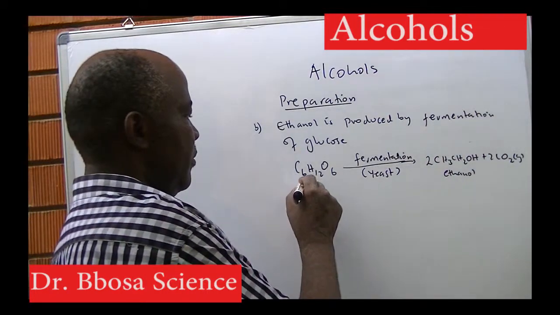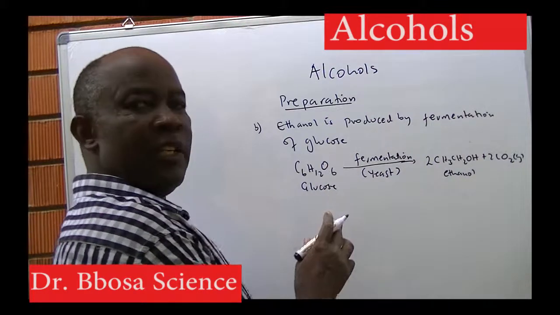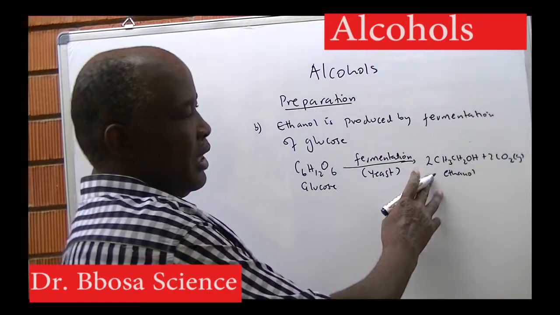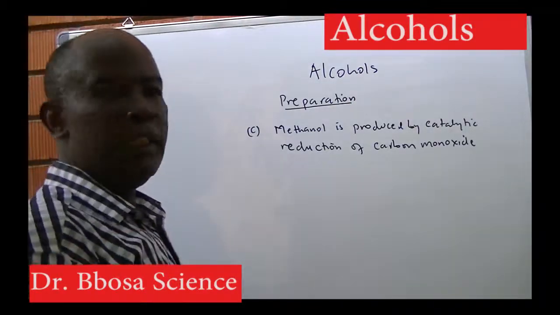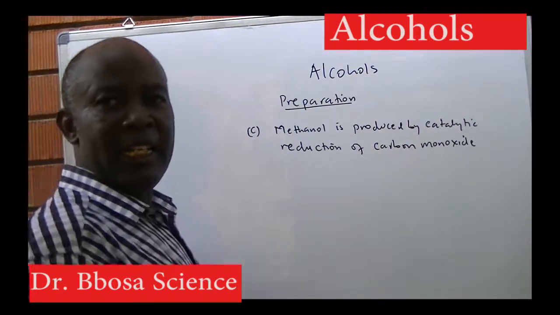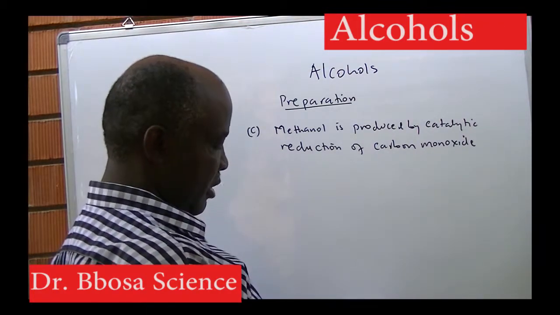Glucose undergoes fermentation in the presence of yeast to produce ethanol and carbon dioxide. C. Methanol is produced by catalytic reduction of carbon monoxide.